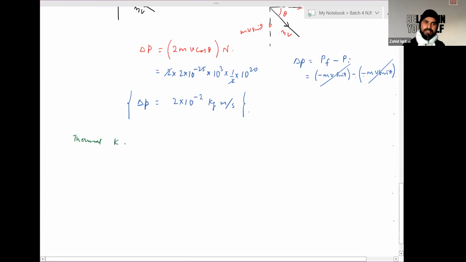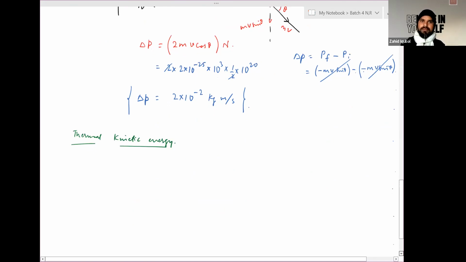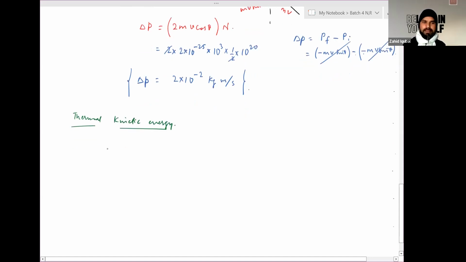Now next term is thermal kinetic energy, or simply kinetic energy of gaseous particle due to its temperature. According to the above formula, pressure equals 1 by 3 rho, and we may write rho as mass divided by volume, and V squared. So move this 3 and V to the left side.